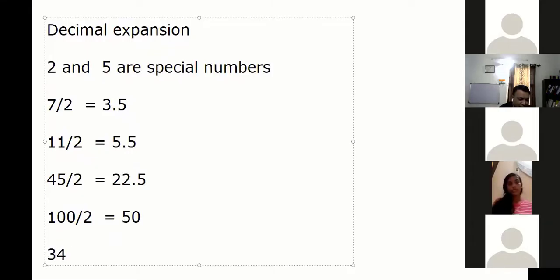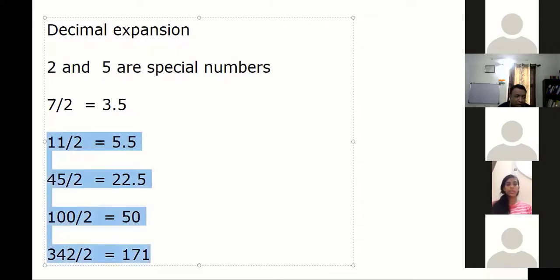So 342 divided by 2. What do you see here? Are all these terminating or non-terminating? All terminating, sir. All these are terminating.